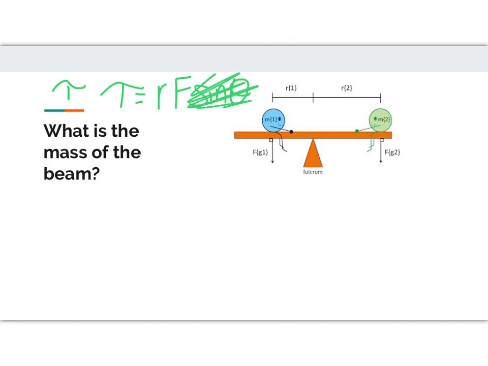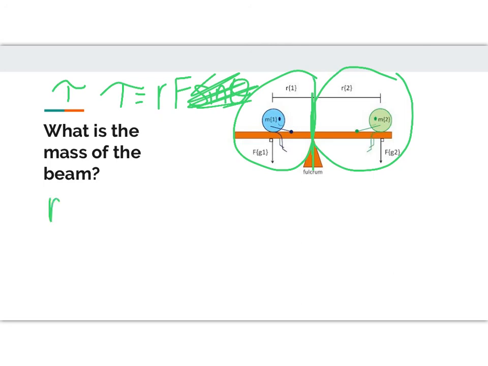So if we are setting up a problem, we need to think about how far away things are from each other. So if we look here, we have these two little guys, and they are sitting on a seesaw. And let's say that the seesaw is balanced. So we have two different sides. One way to describe this is clockwise and counterclockwise side, but I like to look at it with how they are even. So if we look on the left side first, we have this little guy.